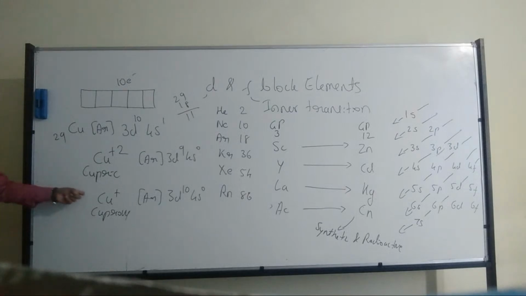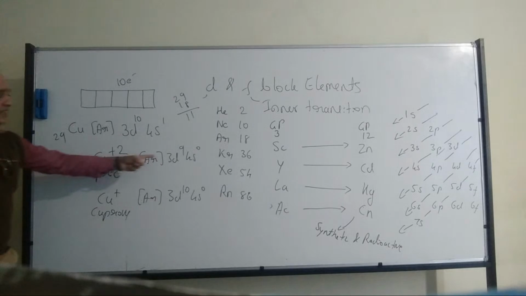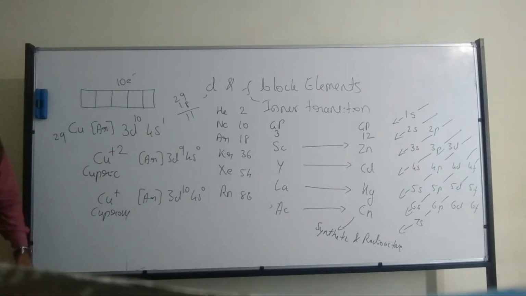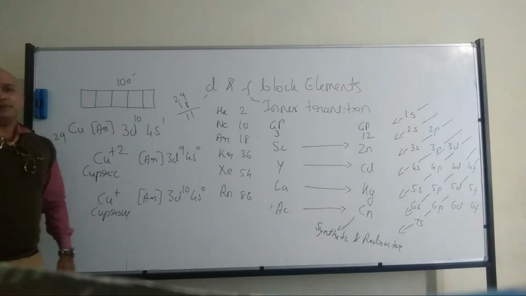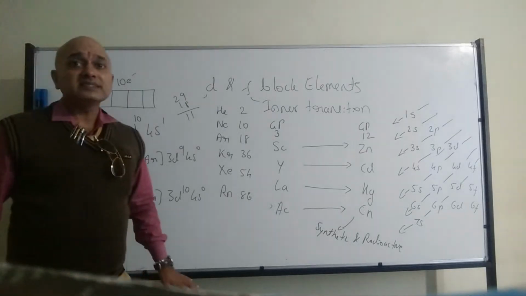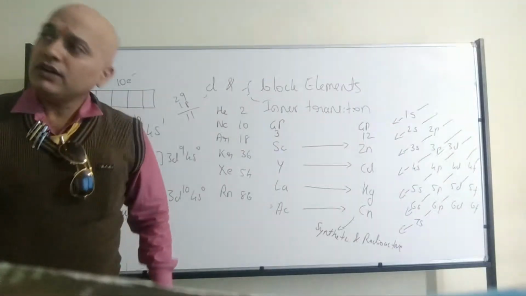That's where it is applicable. In one of the ionic forms of copper, they have the incompletely filled d subshell. So therefore, it belongs to the d block and is considered a transition element. All of you have understood?